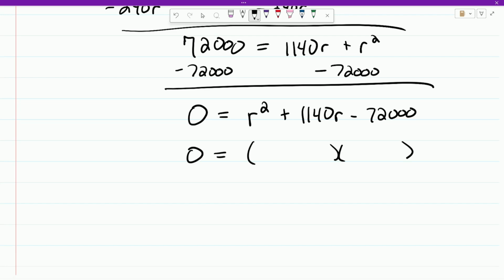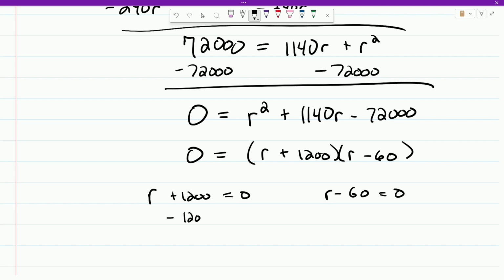And from here, I'm going to factor. And this does factor very nicely. It factors into r plus 1,200 times the quantity r minus 60. So we can set each one of these equal to 0. Solve appropriately.